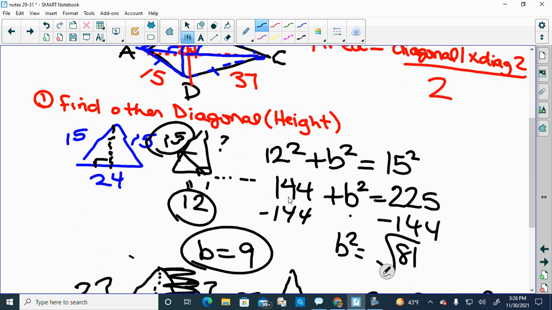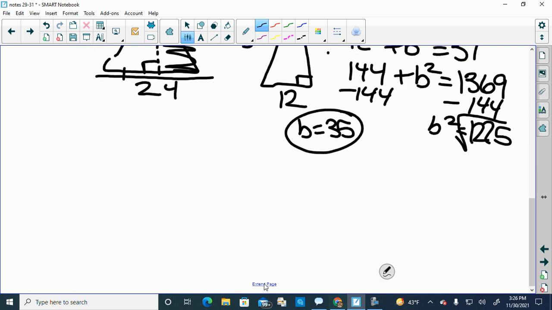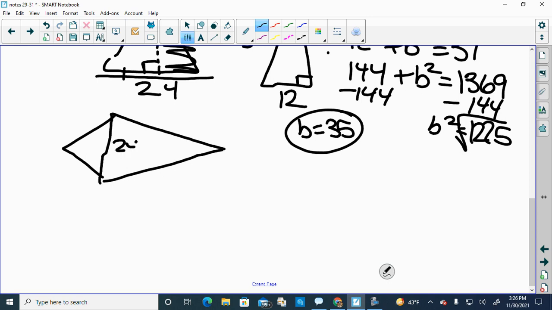The two lengths were 9 and 35, so you're adding 9 and 35 together to get 44. I'm just making this a little bit cleaner now. The length of that one was 24, and this one right here was 9 and 35, so add those two together to get the 44.